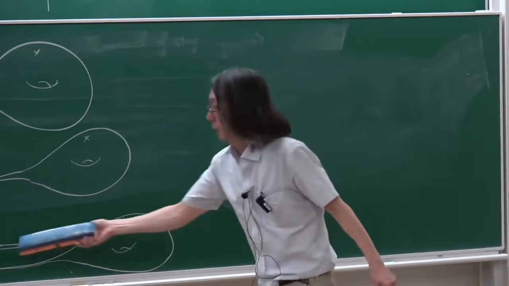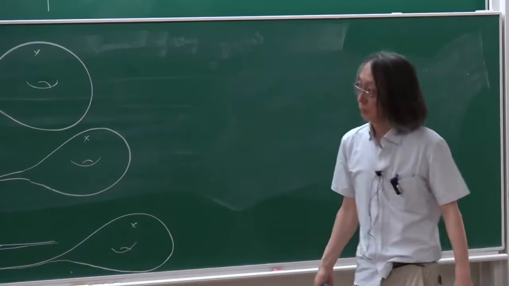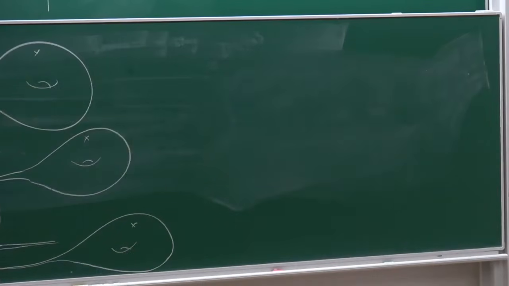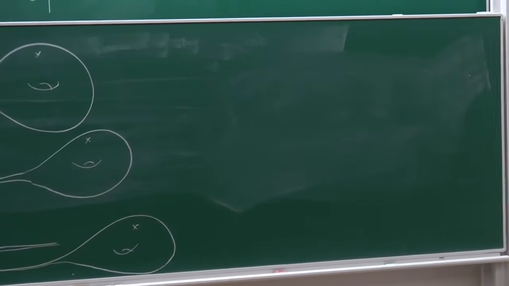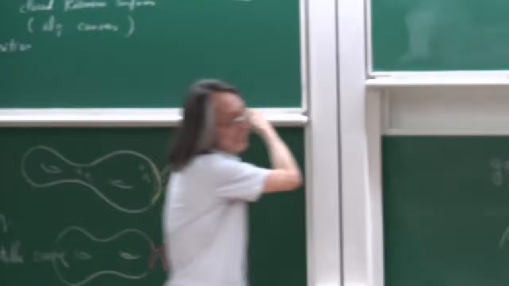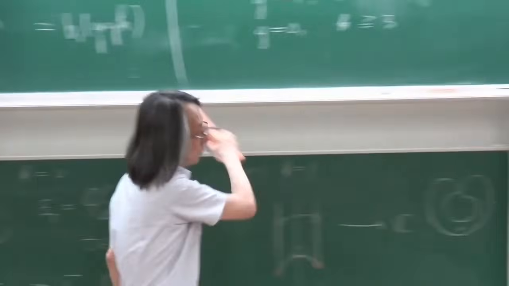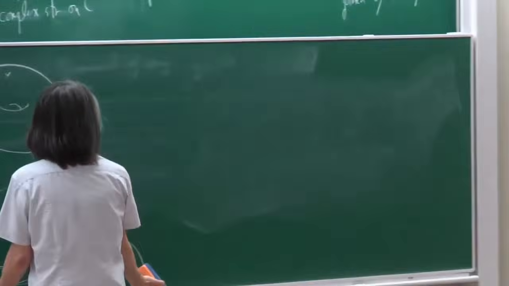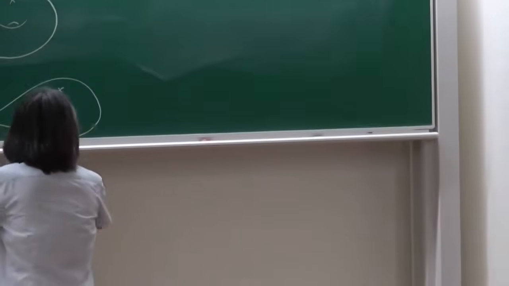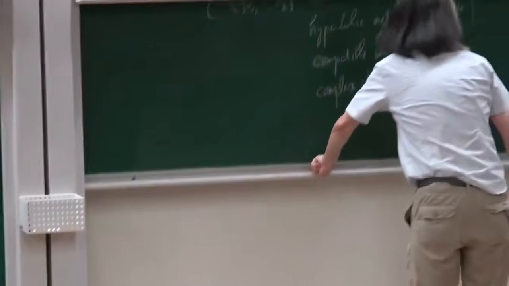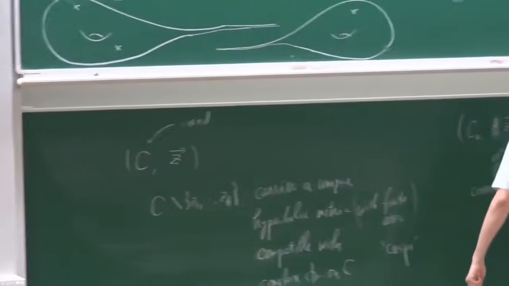Here you can only have these very simple things, but here it is not really like this, but somehow you can make it a one-to-one correspondence. So one thing I want to say is the following.